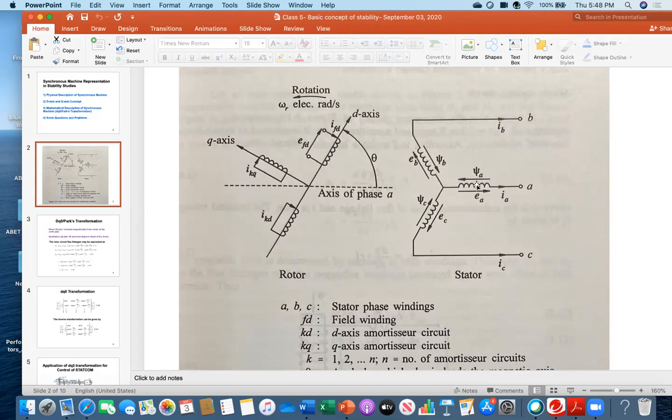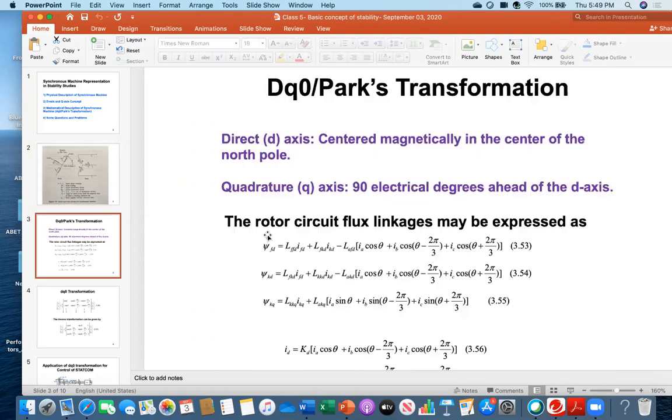That's why you can see the direction: the current is here, the voltage direction here, but the flux linkage direction is on the opposite side. That is because of Lenz law. Ultimately this current is produced because of this magnetic field, but once current flows through this coil, there is flux linkage, and that flux linkage will oppose the main field flux. That is its property, called Lenz law.